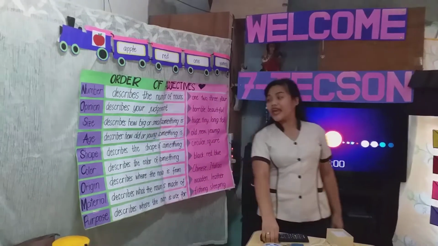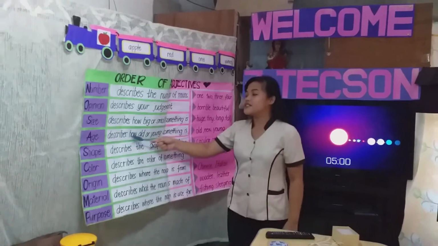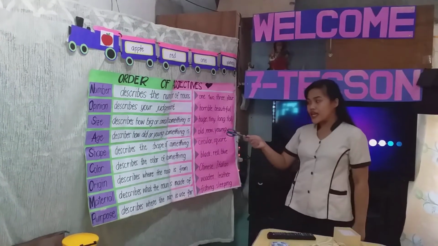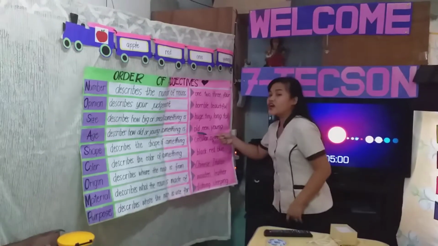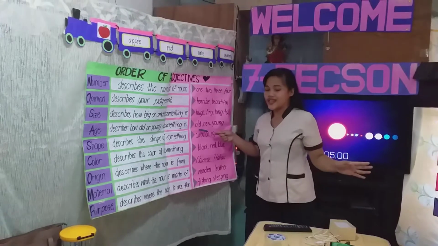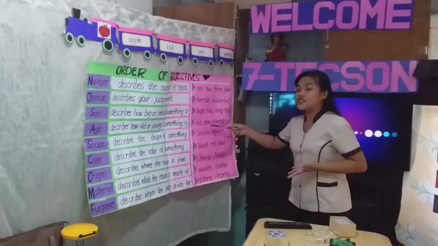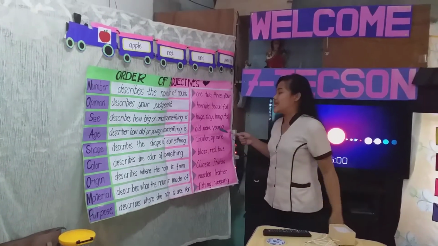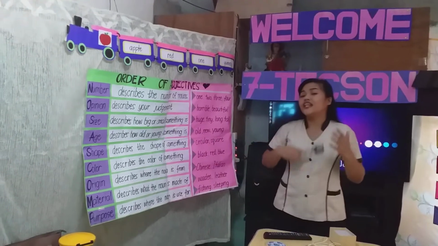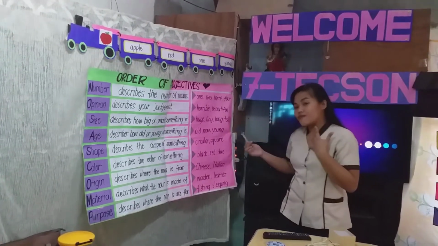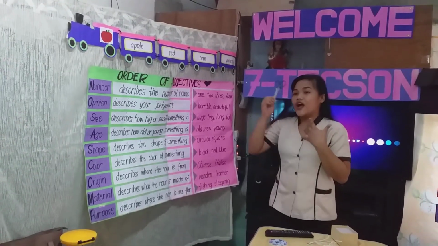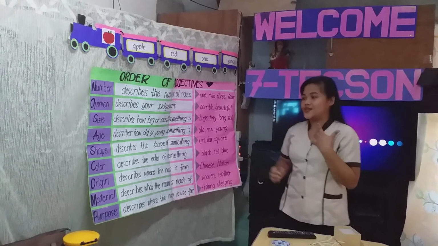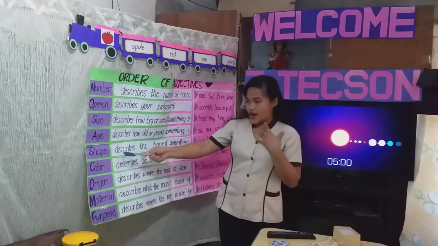When we say age, it describes how old or young something is. You may say that your grandmother is old, that your phone is new, that your sister is young. In that way you are describing if someone is old or not. Another, shape.